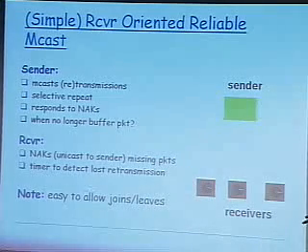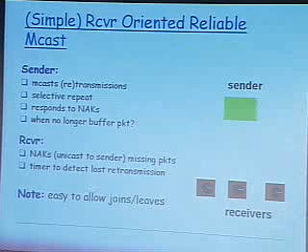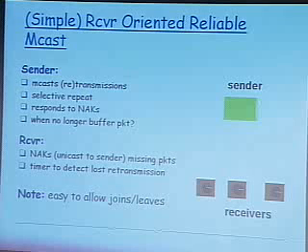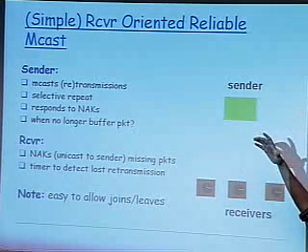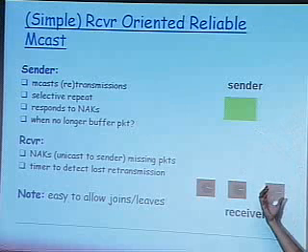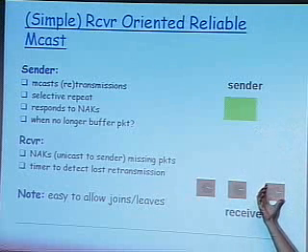Now it's also easier in this scenario to allow for joins and leaves, because the responsibility is shifted to the receiver. A receiver can leave, and the sender does not have to update its state table. It doesn't have to keep track. All the responsibility of reliability lies at the receiver.